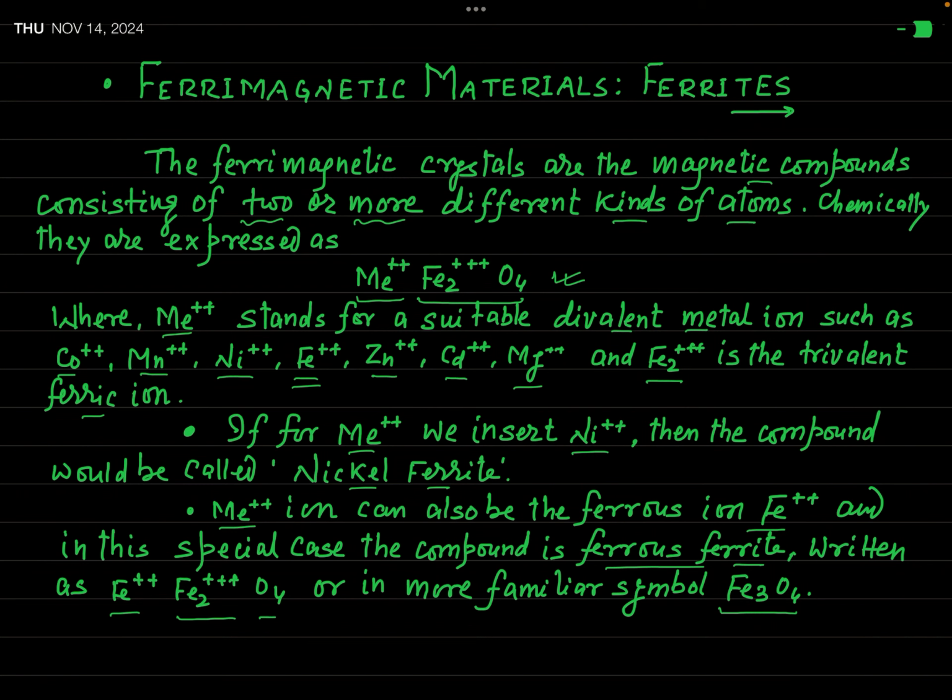But when you write Fe double plus Fe2 triple plus O4, it actually represents its structure: in this ferrous ferrite there is one ferrous ion Fe double plus, and ferric ions, and O4. So these are some examples of ferrimagnetic material.